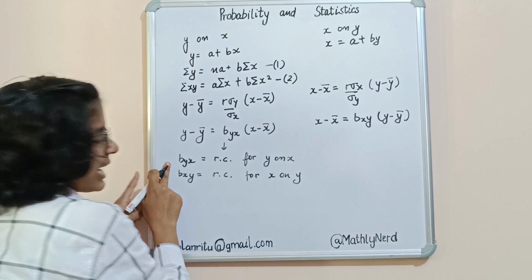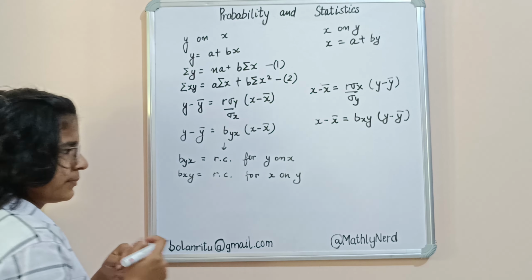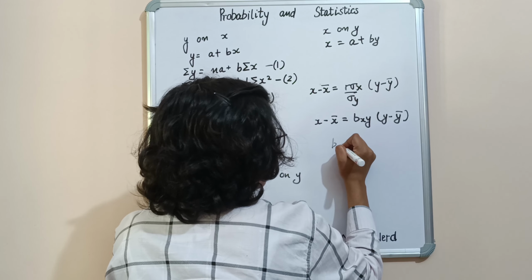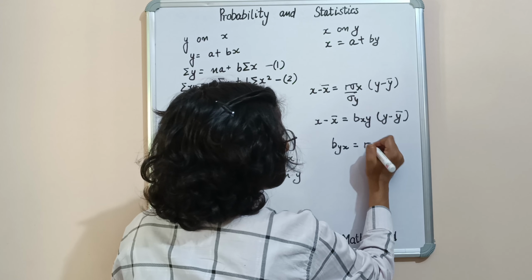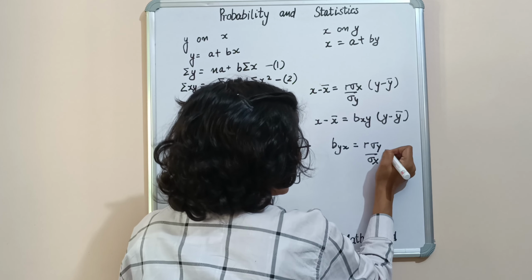Now byx and bxy are our regression coefficients. As we know, byx equals r sigma y by sigma x, where r is the correlation coefficient.